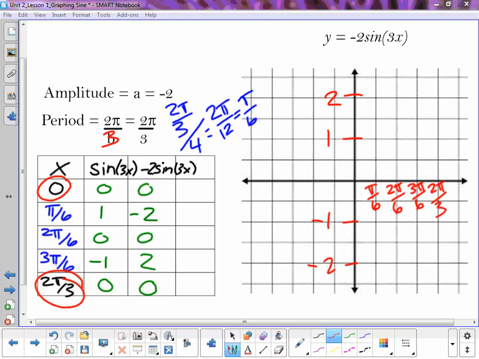So if you graph it that way, it's going to look very much like -2 sine x, unless you make sure that you label your axes correctly. So I'm using these for my y values.